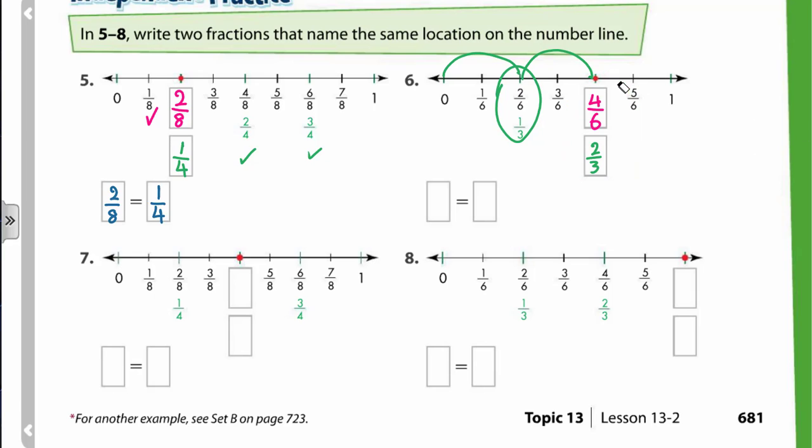Okay. Let's write the two fractions down here. What are the two equivalent fractions? 4 sixths and 2/3. Thank you, my hero. Great work.